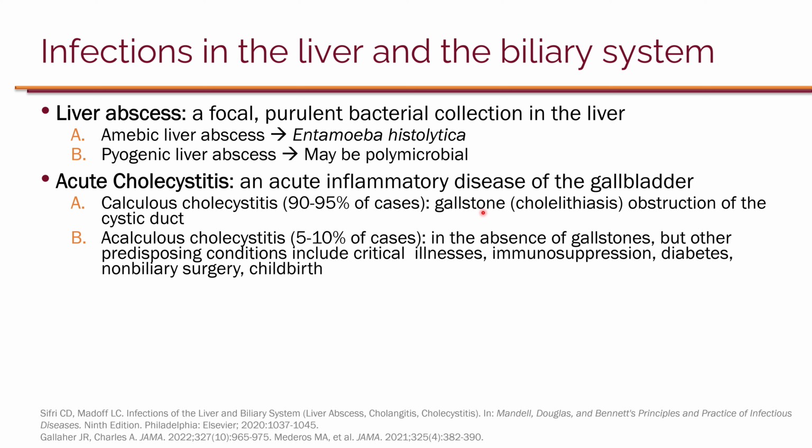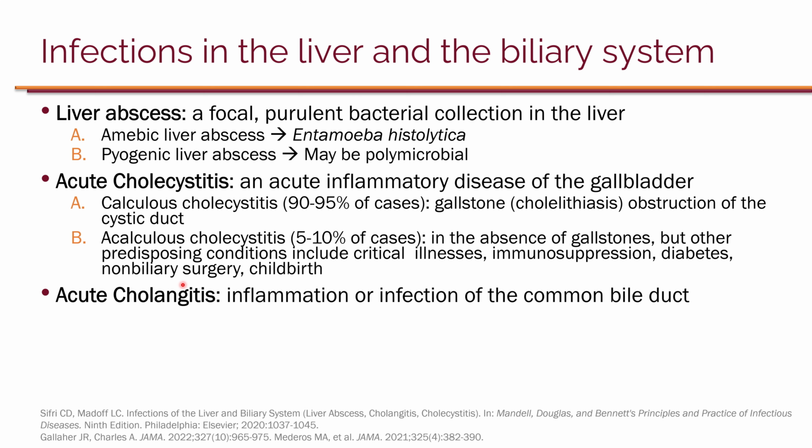This obstruction of the cystic duct from gallstone is what drives the inflammation. The remaining 5 to 10% of cases are acalculous cholecystitis. In the absence of gallstone, other predisposing conditions include critical illness, immunosuppression, diabetes, non-biliary surgery, and childbirth.